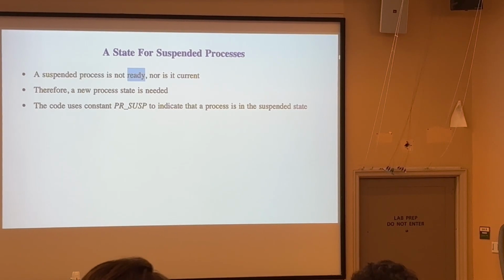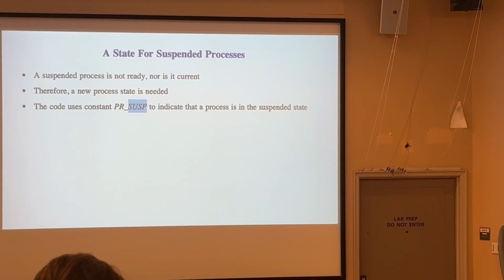Ready means that it's in the ready list. It can be scheduled or context switched to run. All of the ready processes are organized in the ready list in memory. The Xinu code uses a constant, PR_SUSP, to indicate a process is in a suspended state.